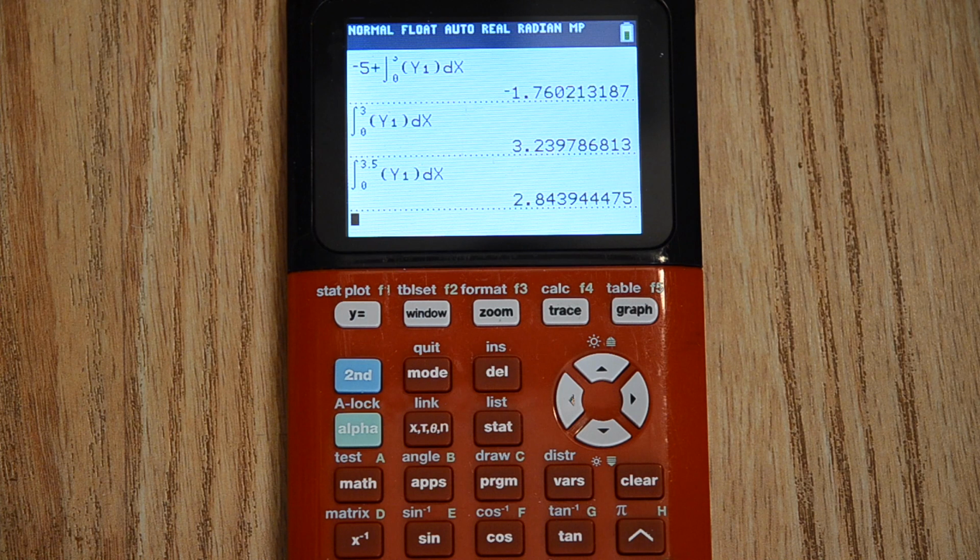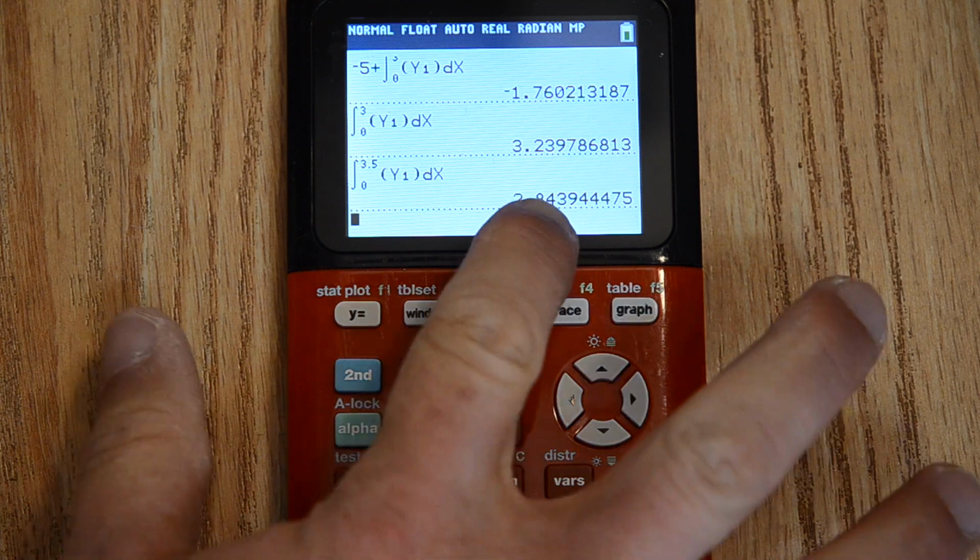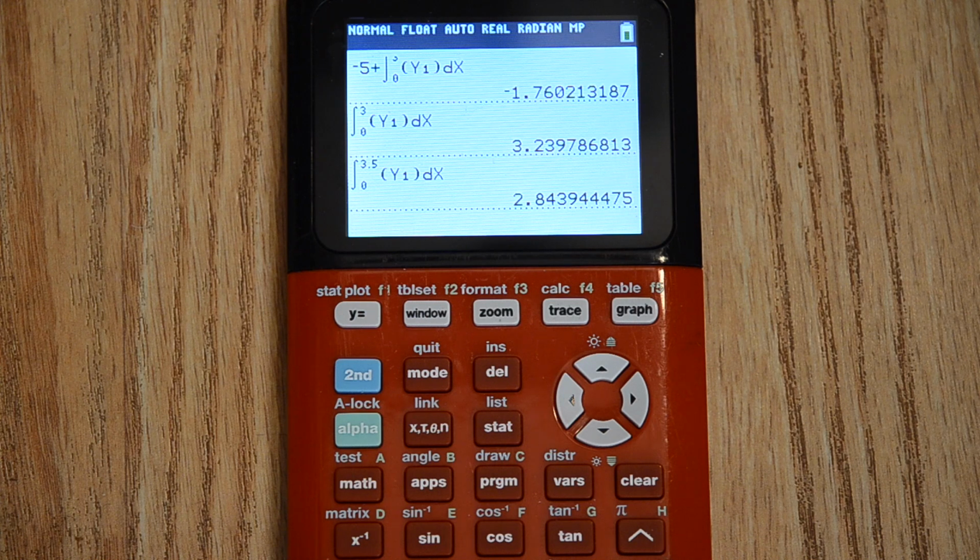And we have that displacement for the first 3.5 units of time period, but it's really between 0 and 3.5, and that came out to be our 2.844, because we should be rounding to the third decimal place correctly.